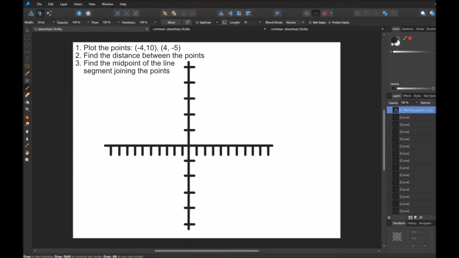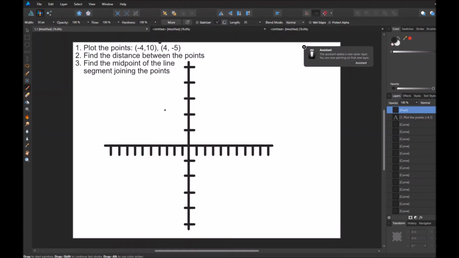So the points that we're given are -4, 10, and 4, -5. So we go to the left of the origin 4 points for this first ordered pair. 1, 2, 3, 4 over here. And then we go up 10, which is going to be way off the graph, way off this page even. So I'll just indicate that it's somewhere up there.